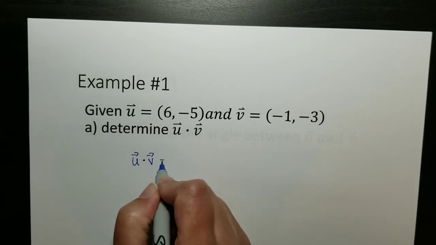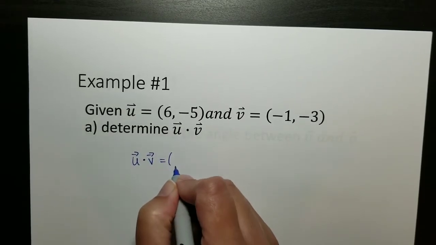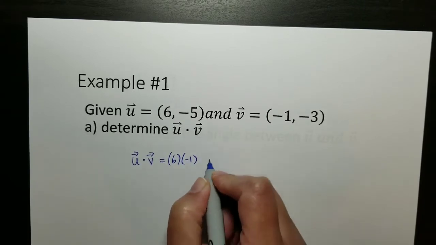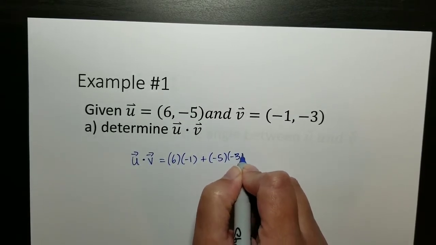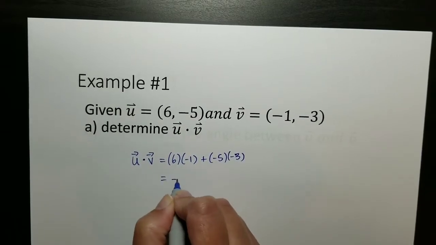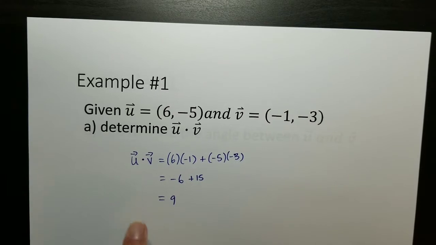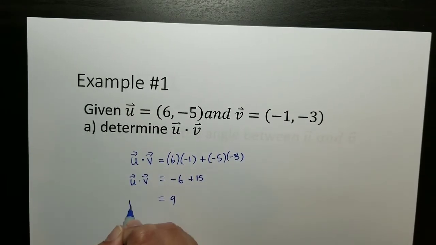It is different than scalar multiplication. It's different than cross product that we're going to get to later in the unit. And you have to show it differently. So here I just multiply the x values and multiply the y values and add those up. So I get negative 6 plus 15, which is 9. So u dot v equals 9.